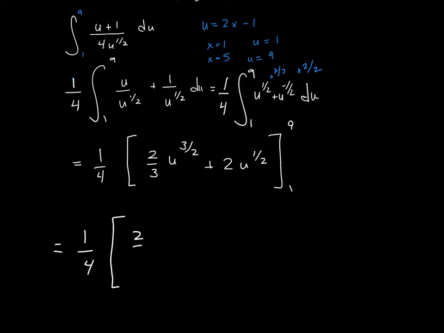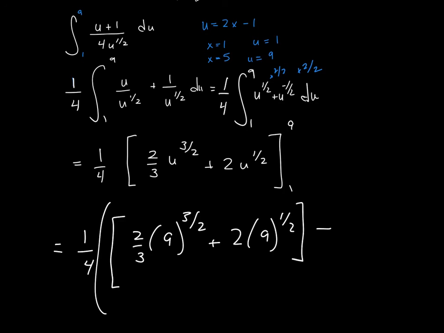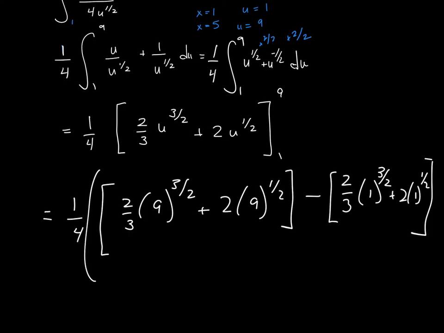So I have 2/3 times 9 to the 3/2 plus 2 times 9 to the 1/2. And then I subtract out the bottom limit, and I have 2/3 times 1 to the 3/2 plus 2 times 1 to the 1/2. You can put all of that in your calculator, and you should get 16/3.